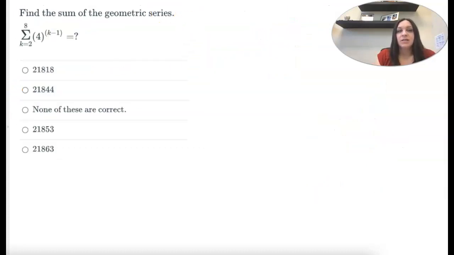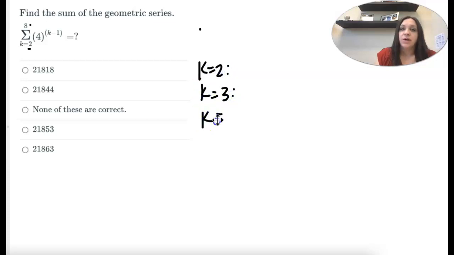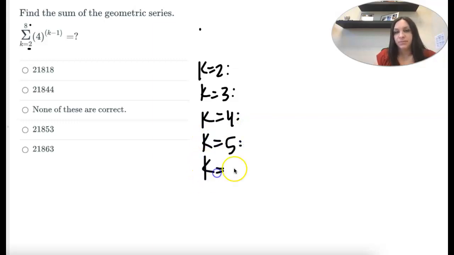So this one's kind of similar, but this time we're going from the 2nd to the 8th. So we're not starting with the first term. That equation only works if you have the first term. So I'm going to have to find all the terms from 2 to 8.